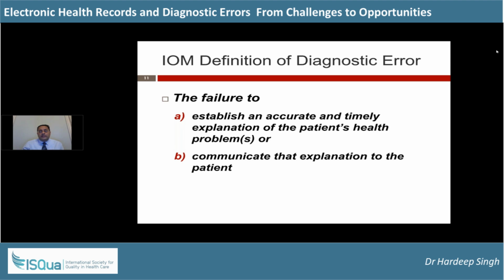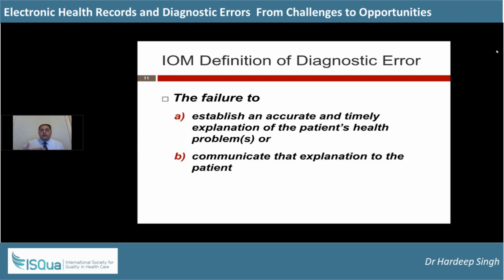The other interesting thing is this includes communication of explanation to the patient. So what they did was they took a very patient-centered view of diagnostic error, and this is how they represented what they thought would be the definition of diagnostic error. It also has the words accurate and timely, so oftentimes we're scratching our heads about what accurate means.